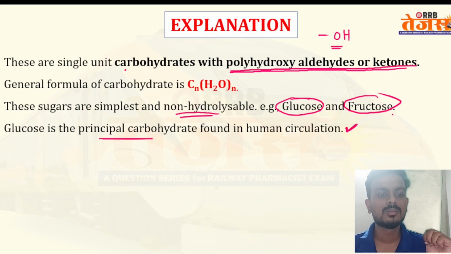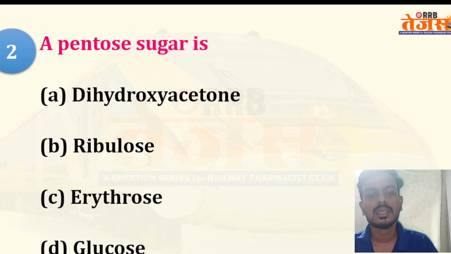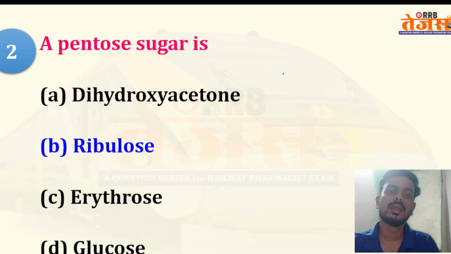Okay, next question: pentose sugar. Which of the following is an example of pentose sugar? The options are dihydroxyacetone, ribulose, erythrose, and glucose. The right answer is ribulose.